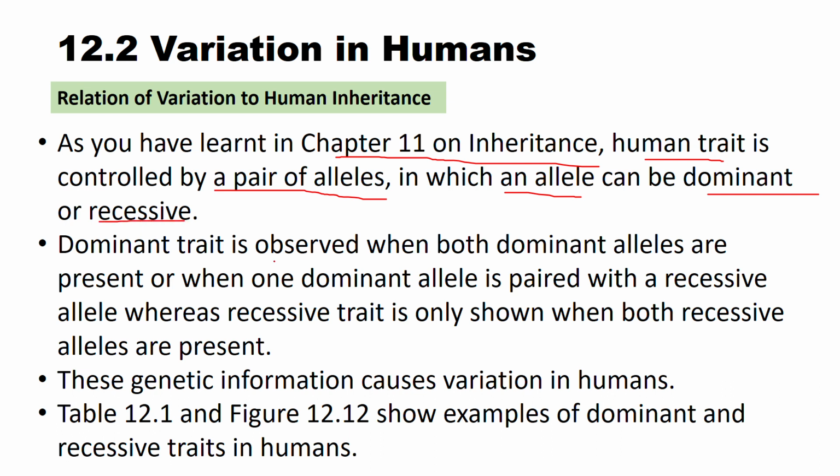A dominant trait is observed when both dominant alleles are present or when one dominant allele is paired with a recessive allele. But for a recessive trait to be manifested, it is only when both recessive alleles are present. This genetic information causes variation in humans.